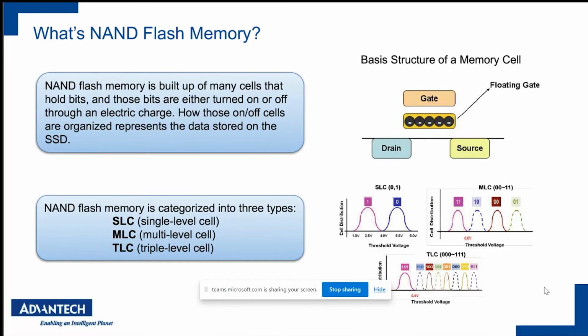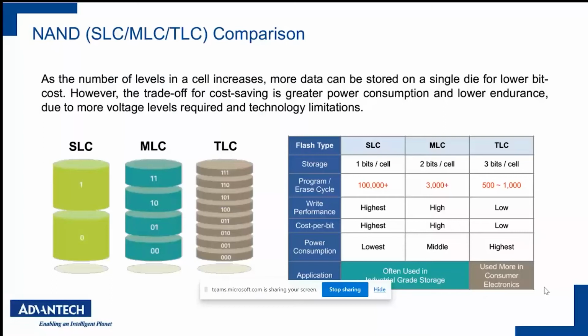These on and off cells are organized and represent the data stored in the SSD. 2D NAND technology is what we are most familiar with, and there are several main types: SLC, single level cell; Ultra MLC, ultra multi-level cell; MLC, multi-level cell; and TLC, triple level cell.